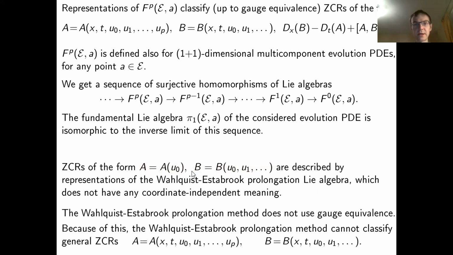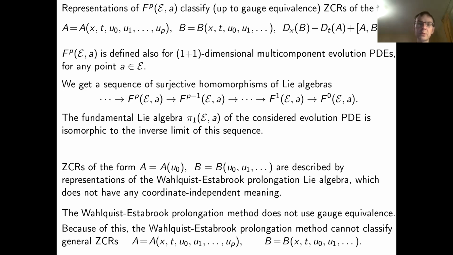Then this class can be described similarly by means of representations of the so-called Wahlquist-Estabrook prolongation Lie algebra, which was invented by Wahlquist and Estabrook in the 1970s, I think.